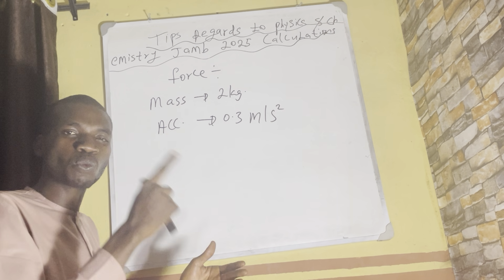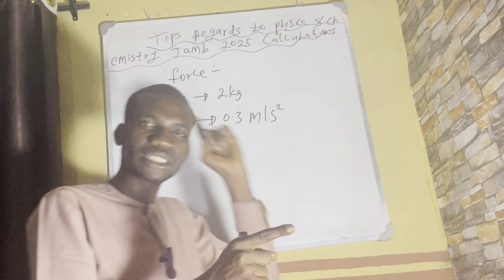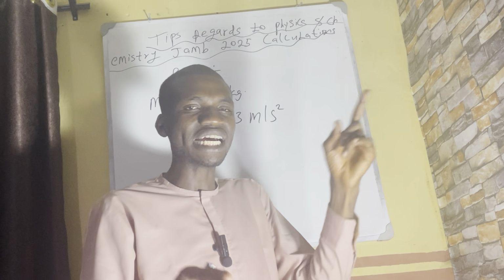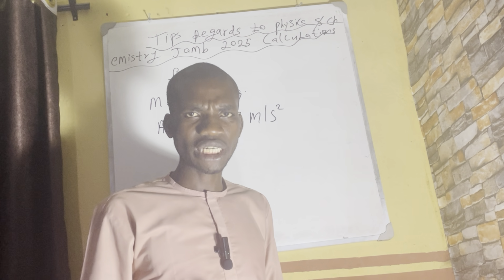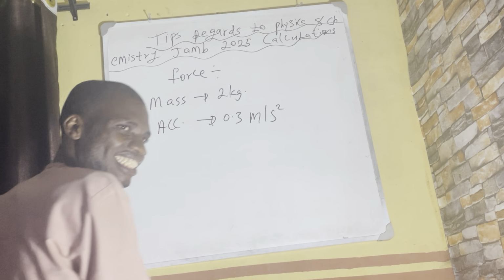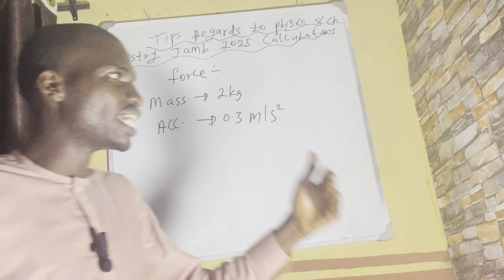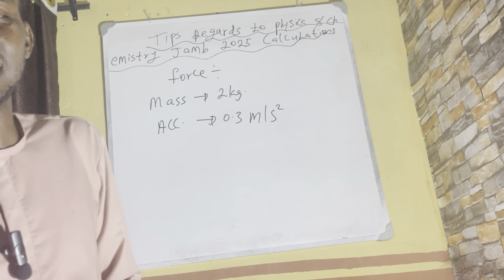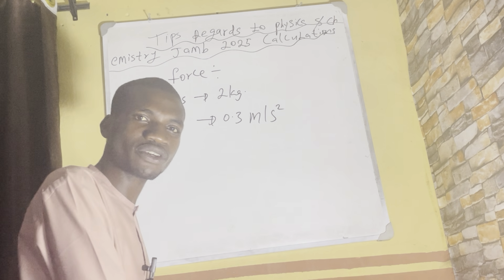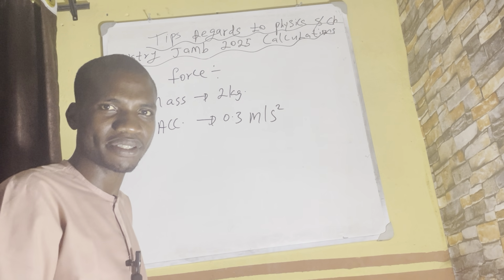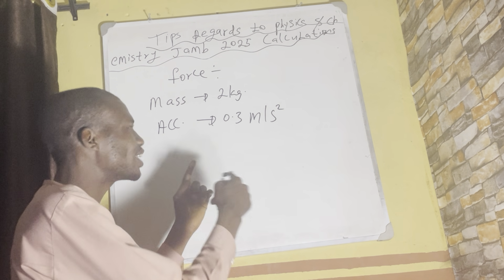If the mass is 1, it means there are 2, so 1 times 1. If the mass is 2, so 2 times 2. Or I can say the mass of A is this, and the mass of B is this. Find the gravitational force when the distance is this.